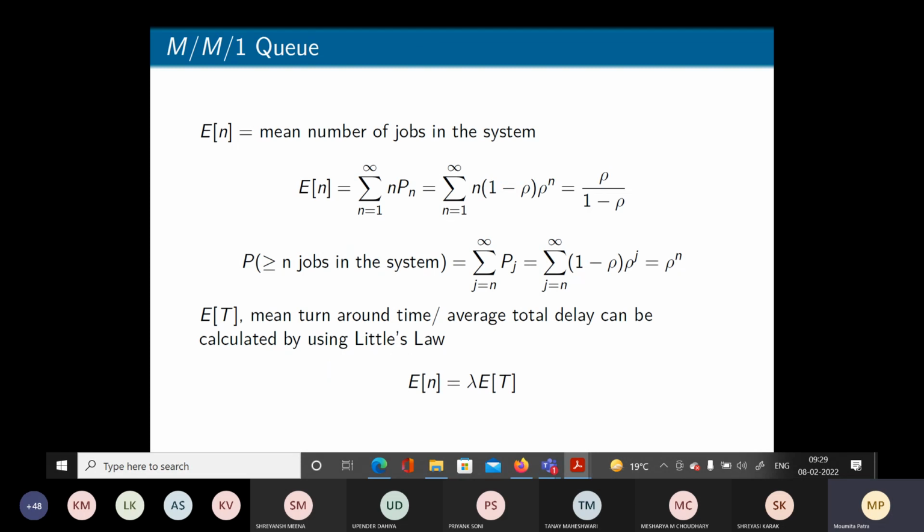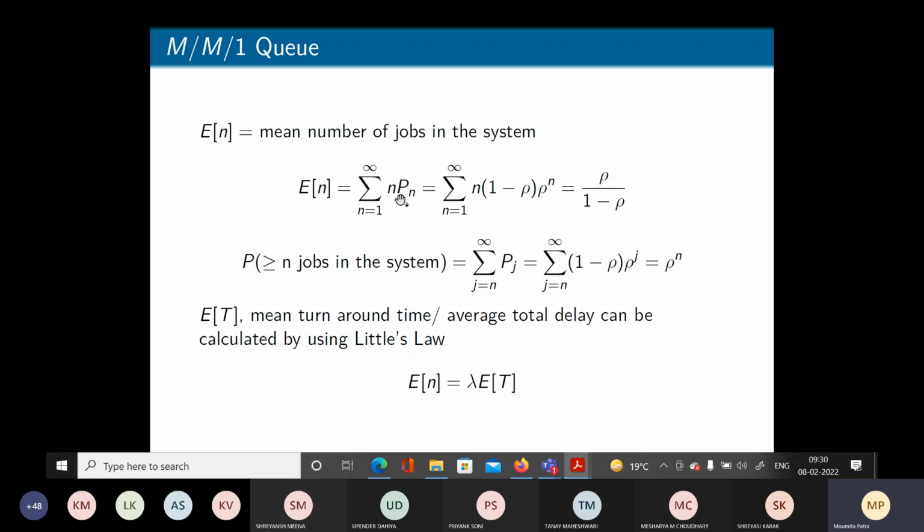Then let's get to the mean number of jobs in the system. The mean number of jobs in the system is given by the summation of n equals 1 to infinity of n Pn. This gives you the mean number of jobs in the system, because Pn is the probability of having n jobs in the system.